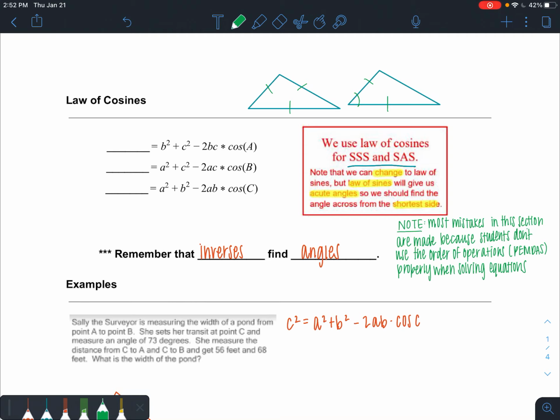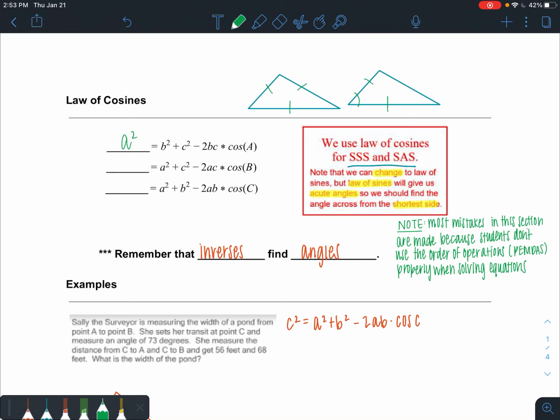So for the law of cosines, the equations are basically the same, but know that it's going to end on the angle that we start with. So if we end on angle A, then A squared is equal to the sum of our two other sides squared minus 2 times their product times cosine of our original angle.